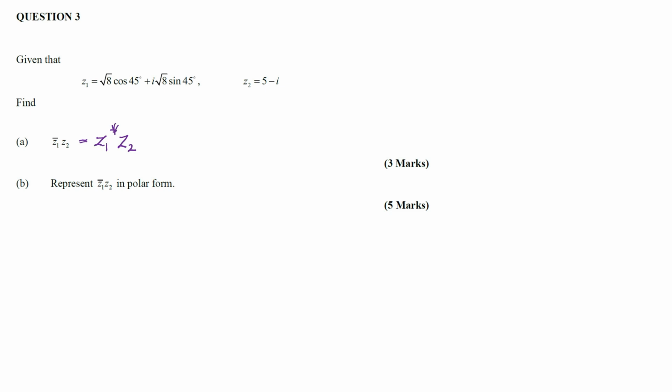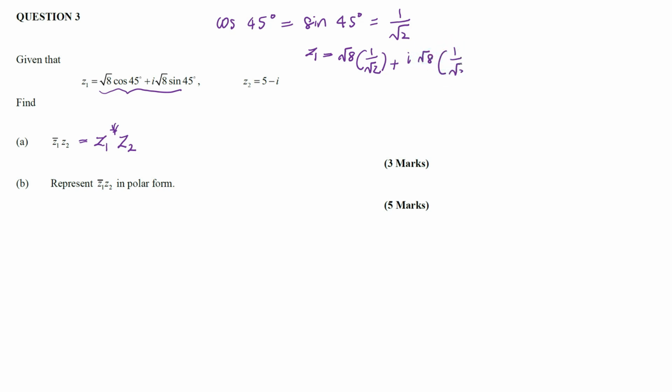Okay. All right. Next, let's see the z1 function. So cos 45 and sin 45 is a special angle. So cos 45 is equal to sin 45 equal to 1 over square root 2. So we can simplify this term: z1 equal to sec 8 times 1 over root 2 plus i sec 8 times 1 over root 2.